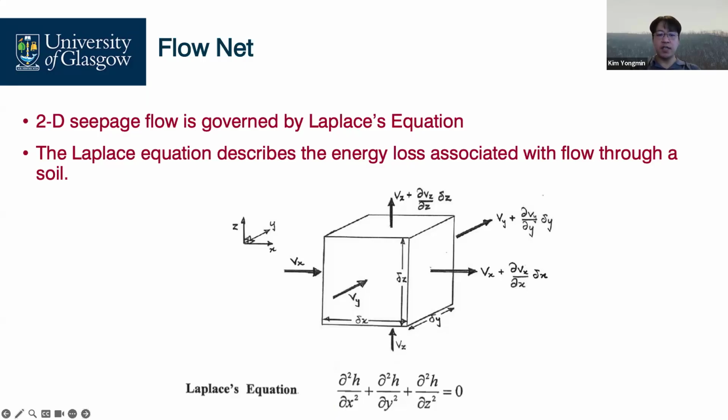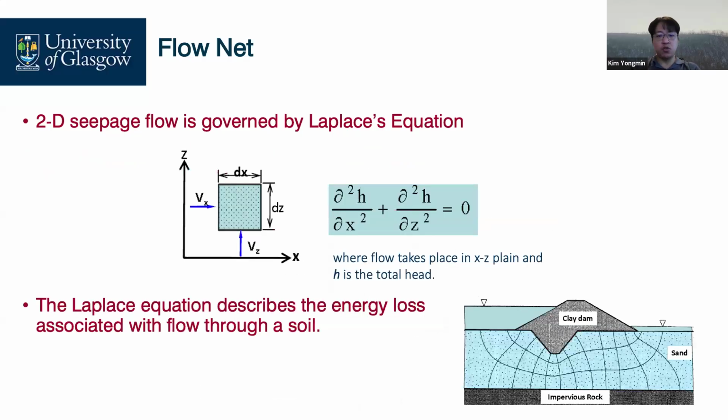We need to simplify this three-dimensional equation into two-dimensional seepage flow, which is governed by the two-directional Laplace equation: total head, x direction, total head, z direction. As you can see, water can flow in x direction and z direction, which can also be expressed by total head in each direction. These two-dimensional flow conditions allow us to use a graphical method to find solutions.